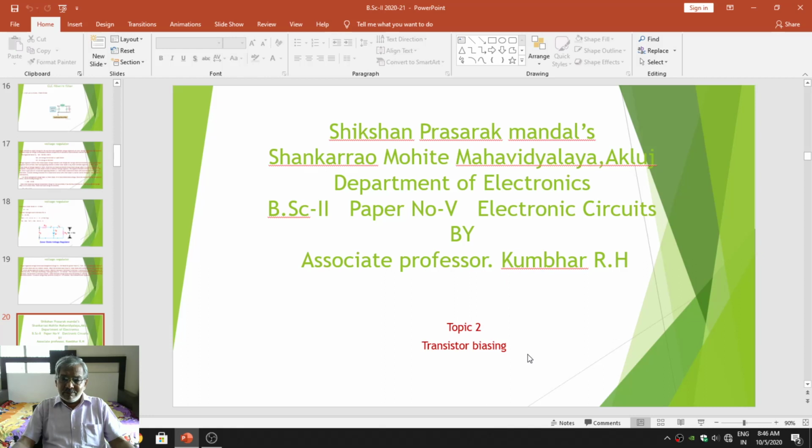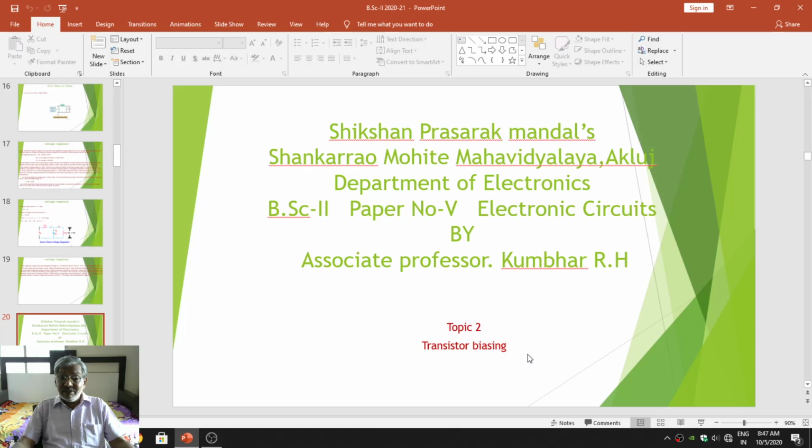One is PNP, in which N type of semiconducting layer is sandwiched between two P types of the layers, and another one is NPN transistor. It is a transistor in which P type of the semiconducting layer is sandwiched between two N type of semiconducting layers. We also studied that transistor possesses the three terminals, namely emitter, base and collector.